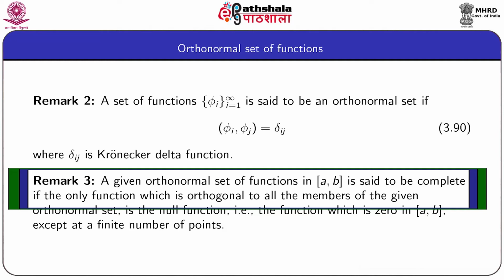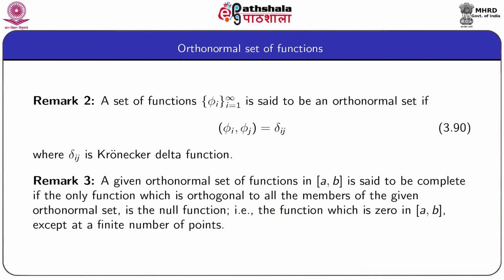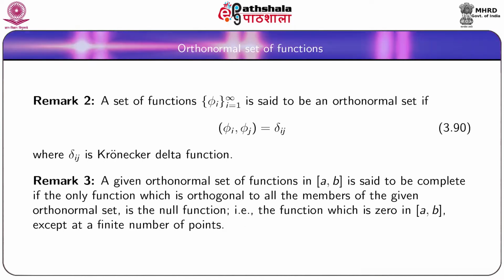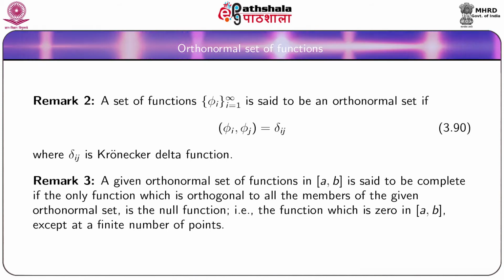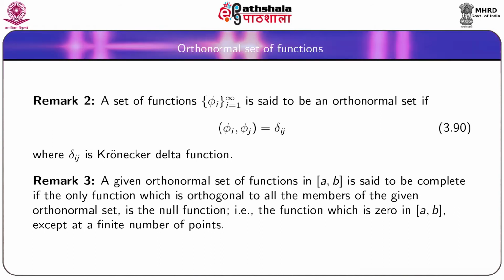Observation 3, given by remark 3, is that a given orthonormal set of functions in the closed interval [a,b] is said to be complete if the only function which is orthogonal to all members of the given orthonormal set is the null function, that is the function which is 0 in the closed interval [a,b] except at a finite number of points.